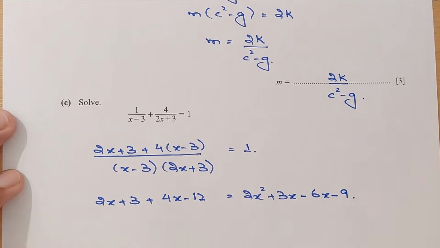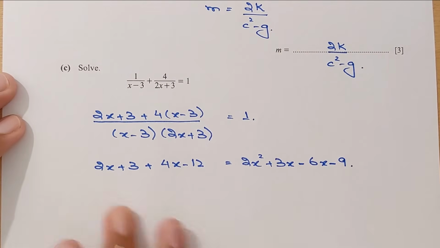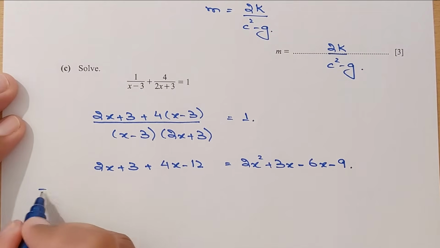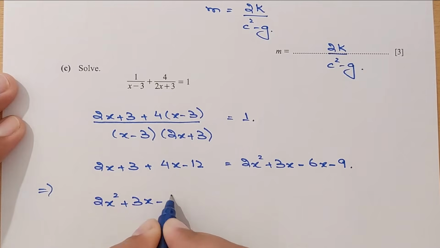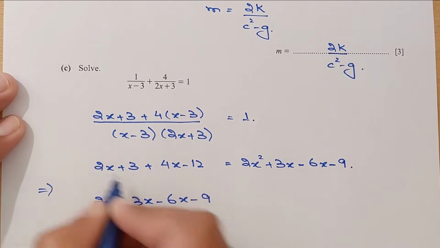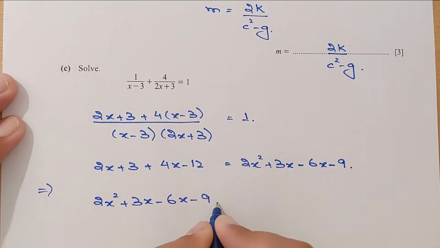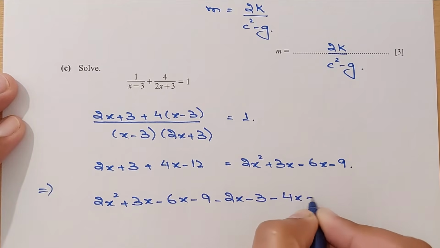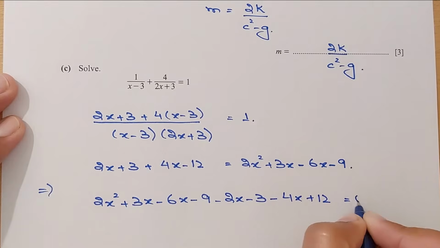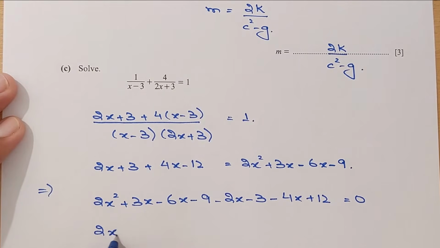Right, let me combine all the terms to the right side. So we have 2x square over here plus 3x minus 6x minus 9, shifting all the terms to the right side, minus 2x minus 3 minus 4x plus 12 equals 0. So we have 2x square.